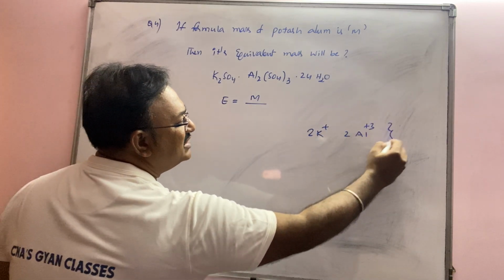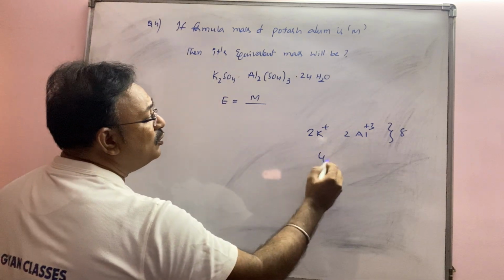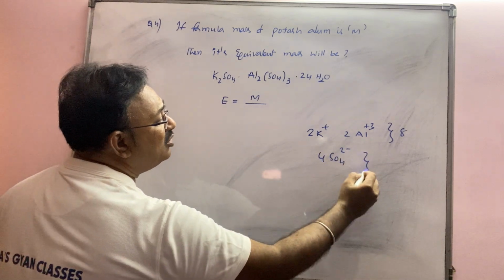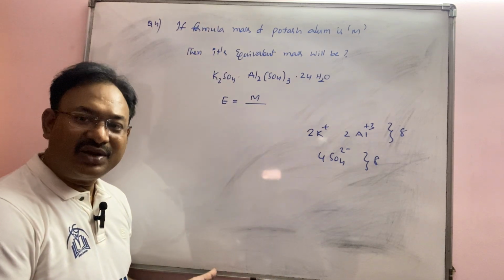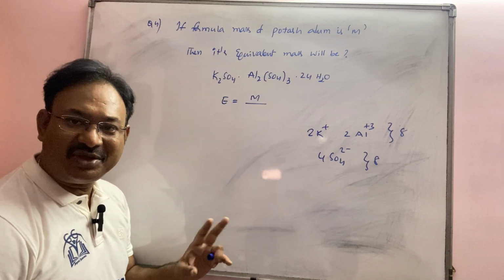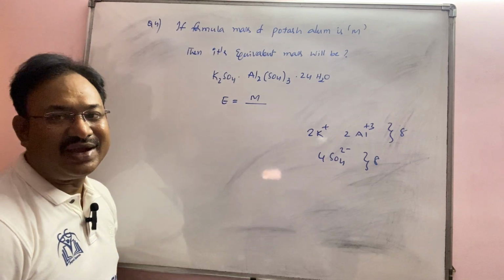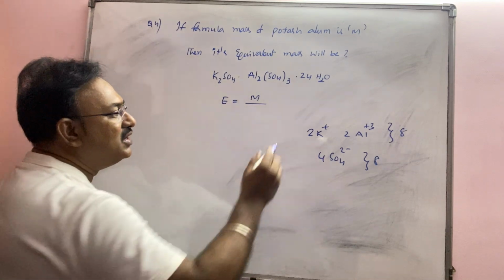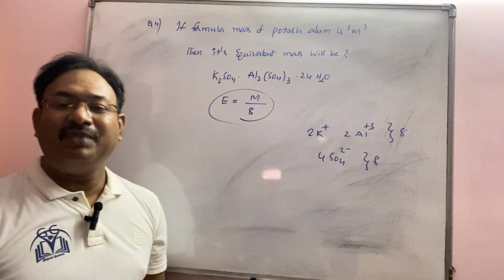So total magnitude of charge is 8. नहीं है तो 4 sulfate ions. यहाँ पे भी total magnitude of charge. So इधर कैटायन के ऊपर, नहीं है तो एनायन के ऊपर लेना है. दोनों मिला के मत लीजिएगा. Either charge on cation or sum of the charges on cations or anions, right? So M by 8. So in this case, equivalent weight will be M by 8.